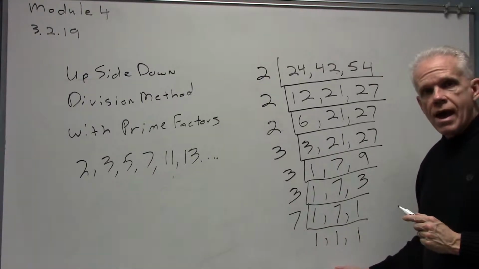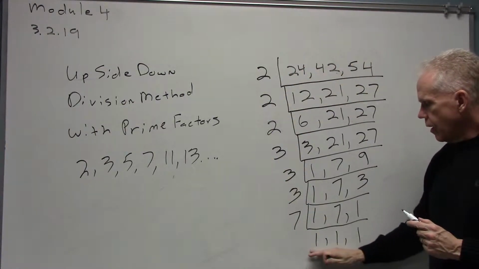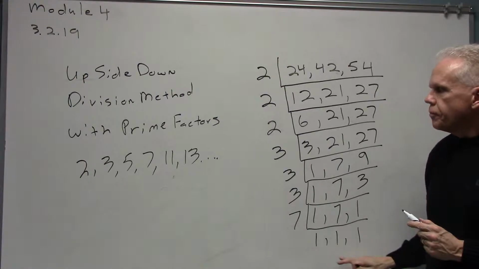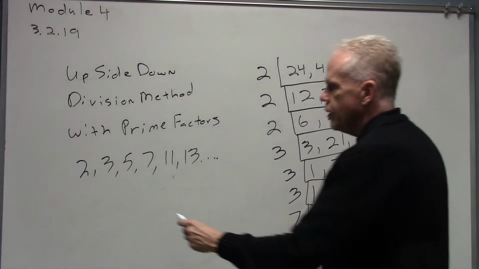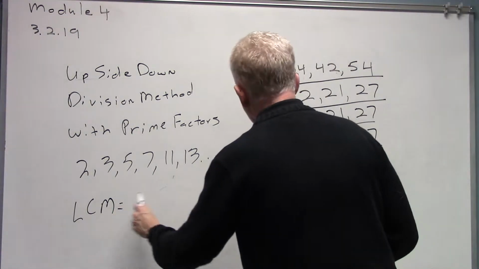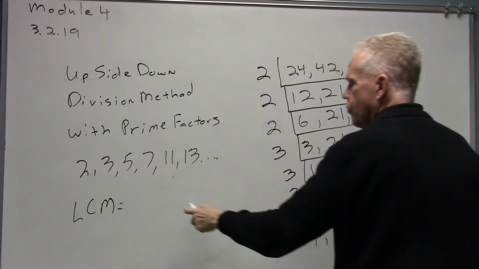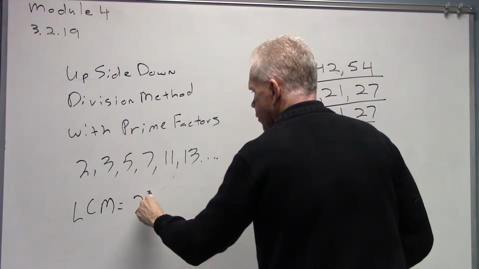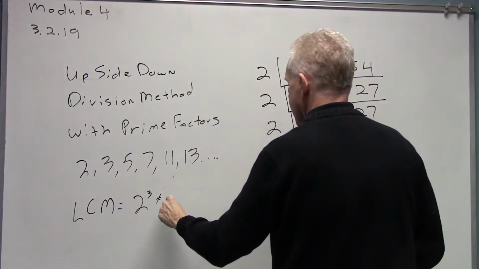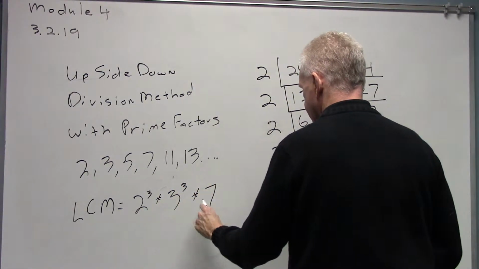Now that's what we're after. When we work these down using our prime factorization so that the bottom numbers are all 1s, now what we know is the LCM will be these numbers multiplied together. So it'll end up being 2 to the 3rd power times 3 to the 3rd power times 7.